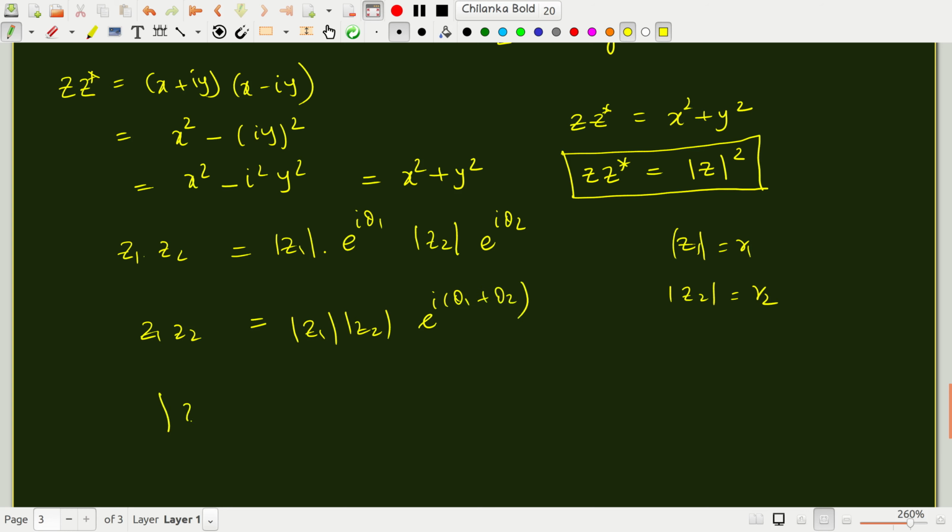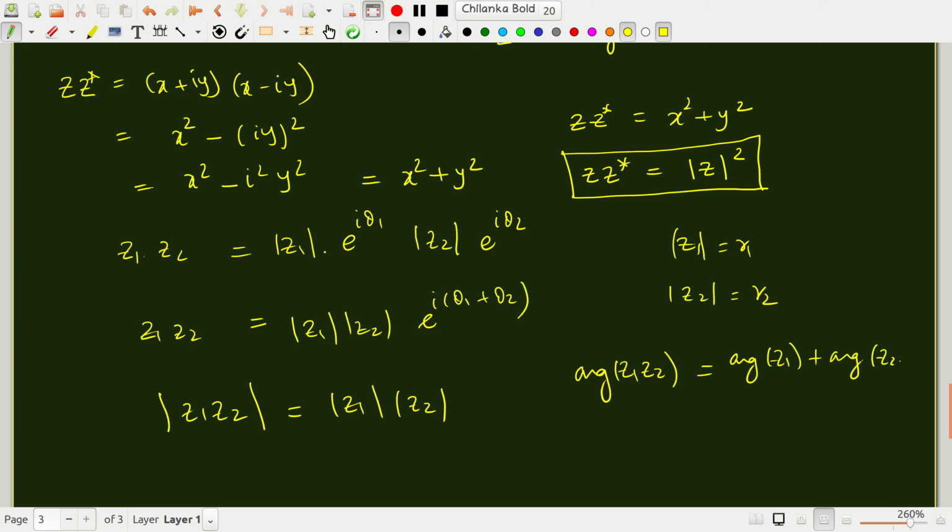So what is the absolute value of z1 z2? It's simply mod z1 times mod z2, because the absolute value of e to the i (theta 1 plus theta 2) is 1. What is the argument of z1 z2? It is another complex number, so it will have a magnitude or absolute value and an argument. The argument is nothing but the sum of the two arguments.